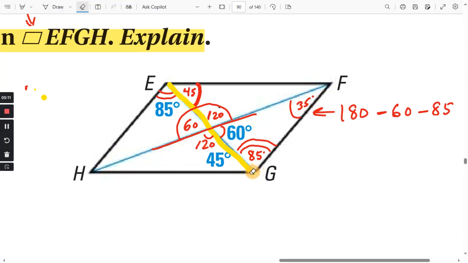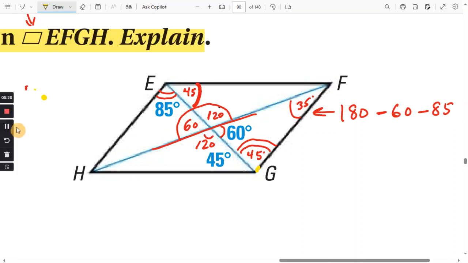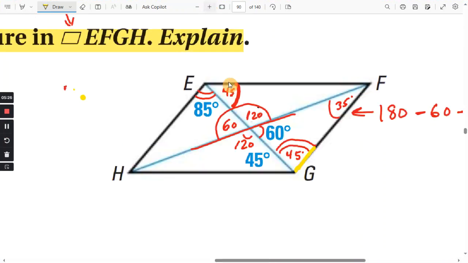And again, we can make a Z shape. If this one is 35, we can make a Z shape around the 35, like that, and like that.